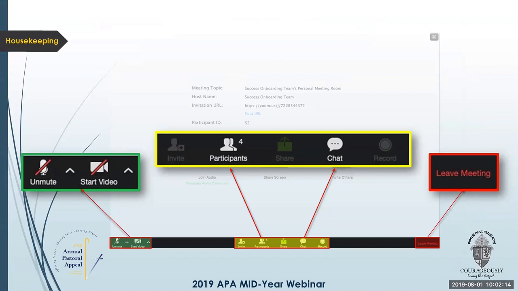Next are the functions you will be using throughout the meeting. The participants and chat controls are the only functions you will use from that middle yellow section. When the meeting is over, the bottom right of this panel is how you will leave the meeting. If at any time the control panel disappears from your screen, hover over the bottom and it will reappear.